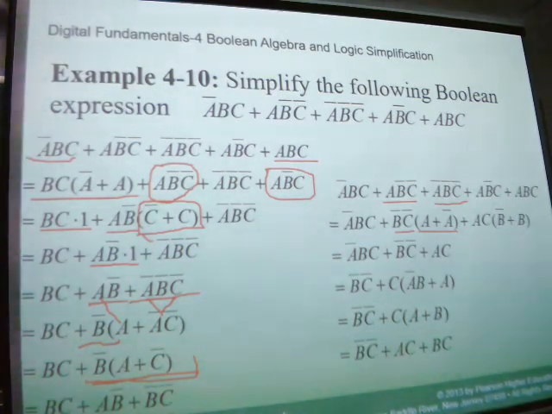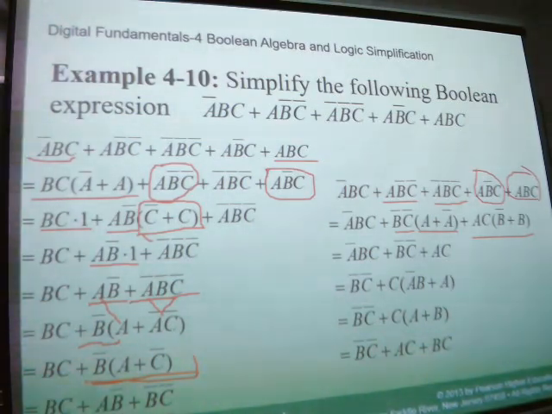Then this term has common factor AC. So they can be written as AC and B bar plus B.